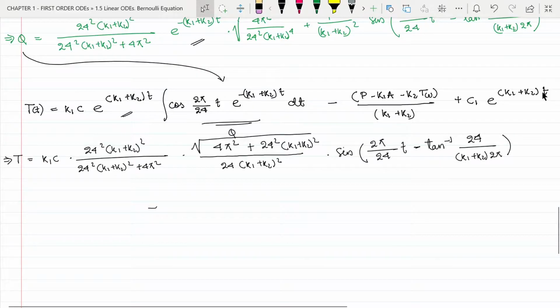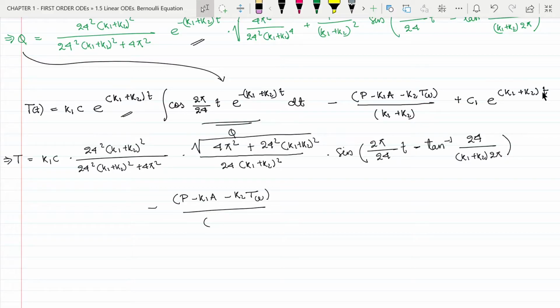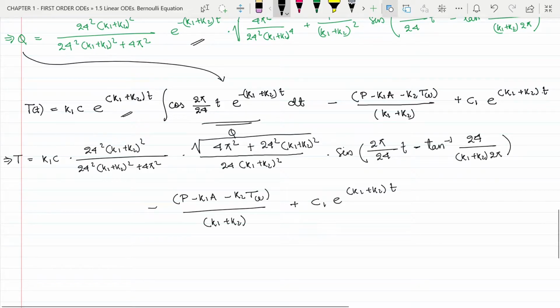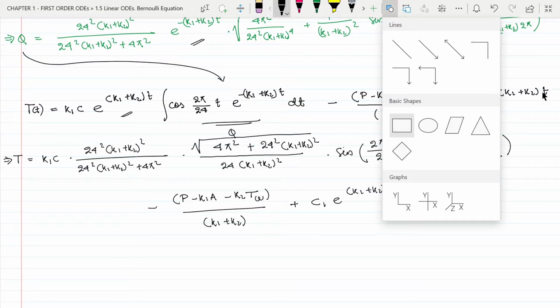So minus P minus K1A minus K2 T omega divided by (K1 plus K2) plus C1 e to the power (K1 plus K2)t. And this is the solution that we have obtained.